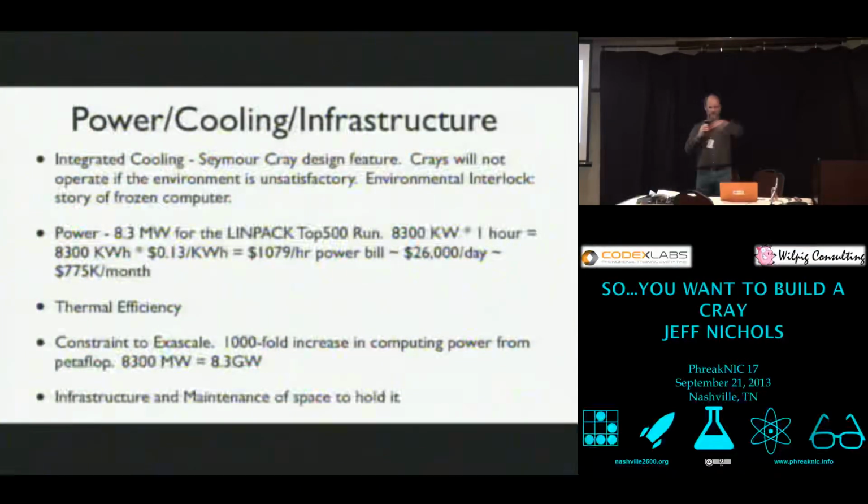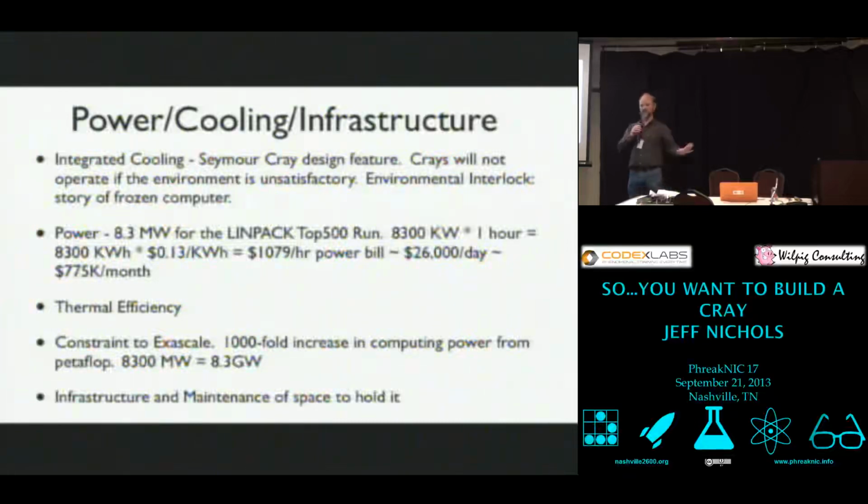Now that somebody asked about power, cooling and infrastructure, I'm throwing them all together to get through them. Integrated cooling, again, was a Seymour Cray design feature. He integrated it from his earliest designs, and Crays will not operate without it. They'll come up, and the very first thing they'll do is check the environment and make sure it's satisfactory. There's an environmental interlock.